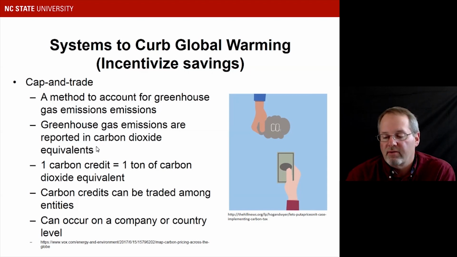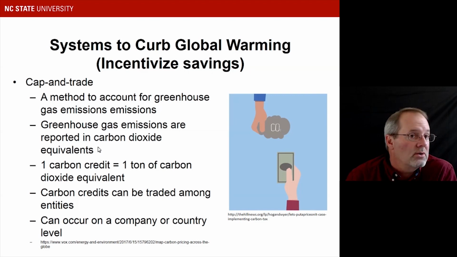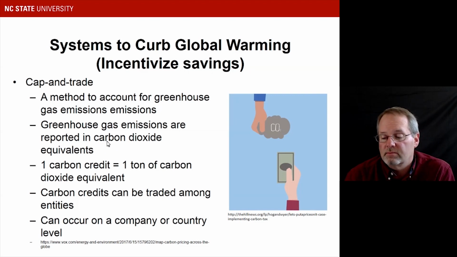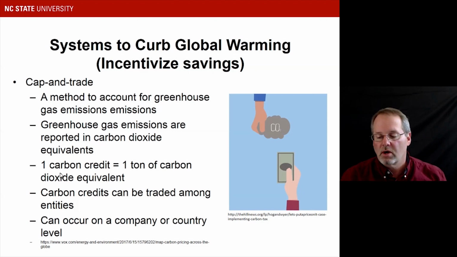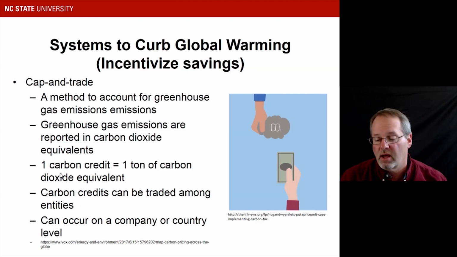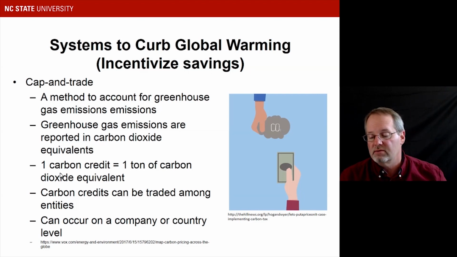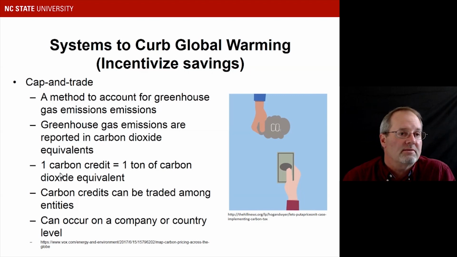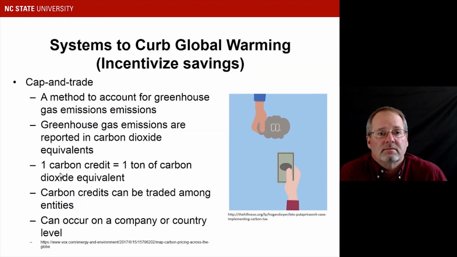So even though you might have a methane or an N2O emission, they're all converted into carbon dioxide. And oftentimes we just call carbon dioxide carbon. And we just say, okay, a carbon credit is equal to 1 ton of carbon dioxide equivalent savings. And so what can happen is people will get carbon credits if they save carbon dioxide or decrease their global warming potential. And they can trade that.